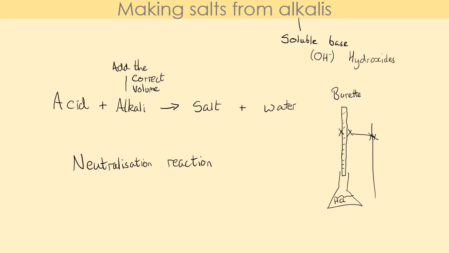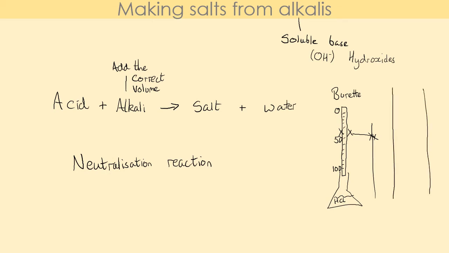Inside the burette, or on the side of the burette, we have values, so we can measure the amount given. However, these values will go almost what we think is the wrong way. We'll start from 0 and go down to 100, and this shows us how much has been added. We need to make sure that we start at the top, and whenever reading from a burette, we read from the tip of the meniscus.